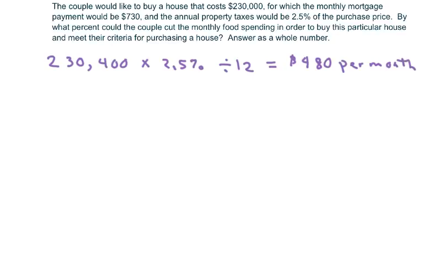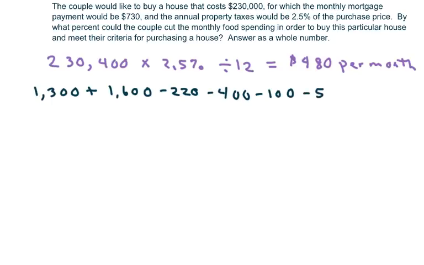Now we're going to tabulate the couple's monthly gains and losses. So basically just add everything up, and we get 1,300 plus 1,600 minus 220 minus 400 minus 100 minus 550 minus 120 minus 730 minus 480, and that equals 300.